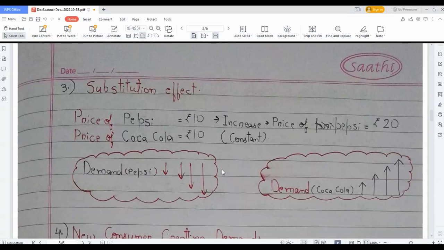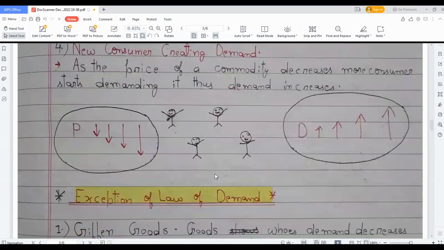Now the fourth is new consumers creating demand. Here it is shown that as the price of a commodity decreases, more consumers start demanding it, and thus demand increases. Now a person is thinking of purchasing a Maruti Alto which is at 2.5 lakh.